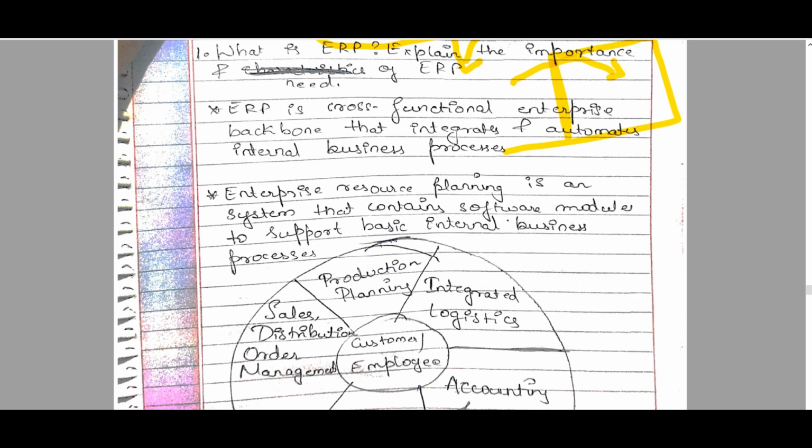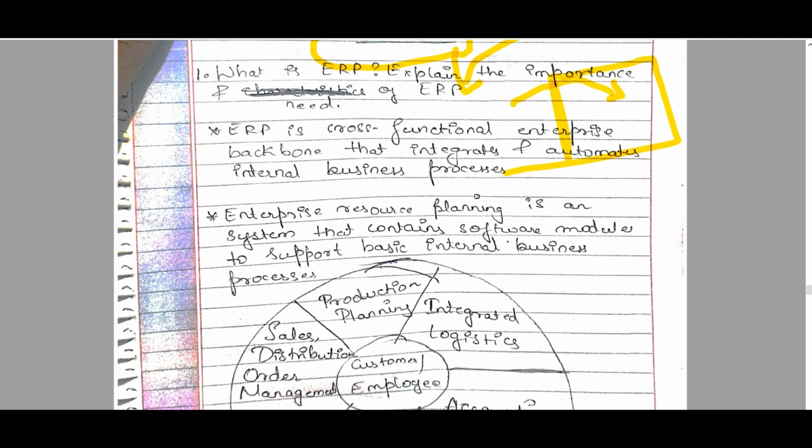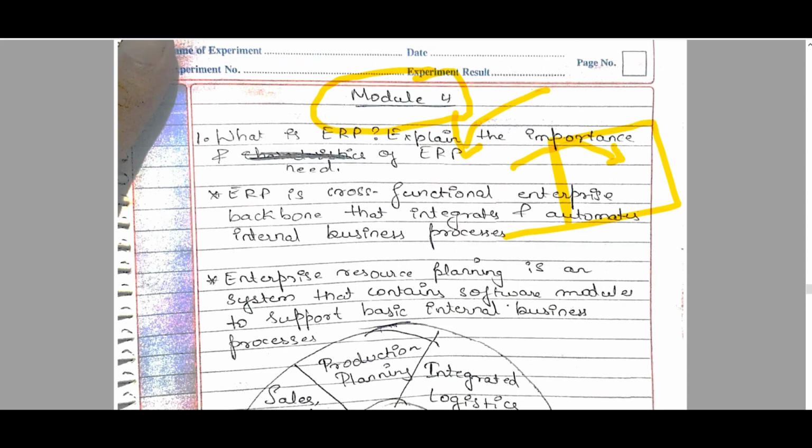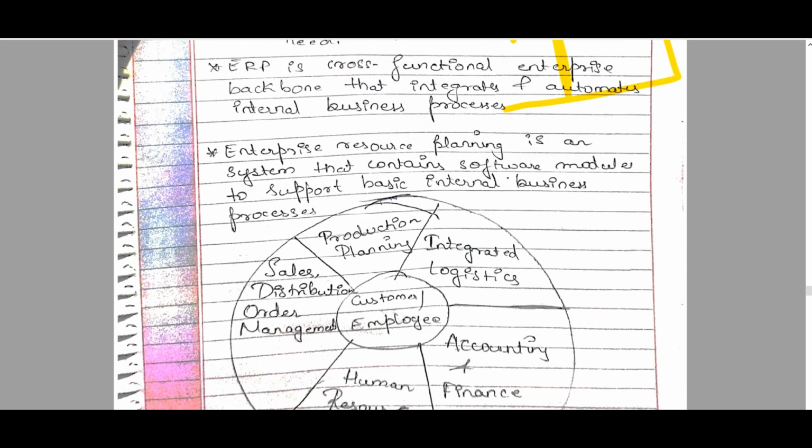ERP is a system that contains software modules to support basic internal processes. So there are 3 points: it is a system, it is a backbone of an enterprise, it has software modules.